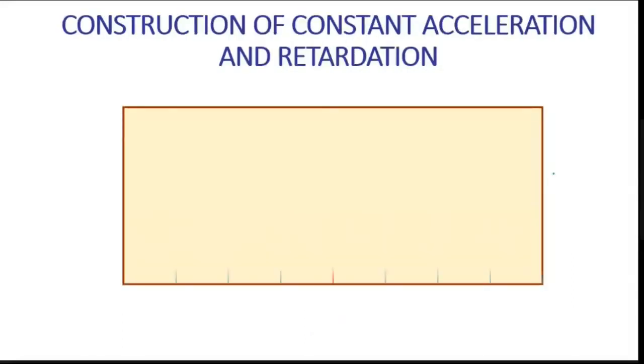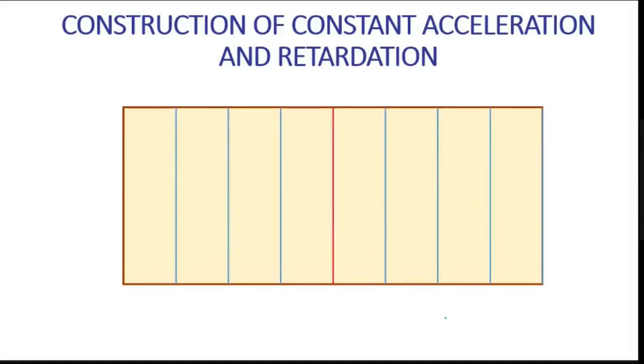Make a box where, as I told you, theta is the angle of your rise, and s, which is the height, is your stroke length. In that, I am splitting this into 8 parts: 1, 2, 3, 4, 5, 6, 7, 8.